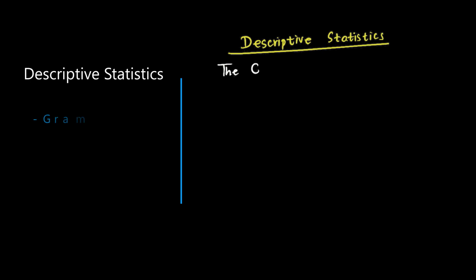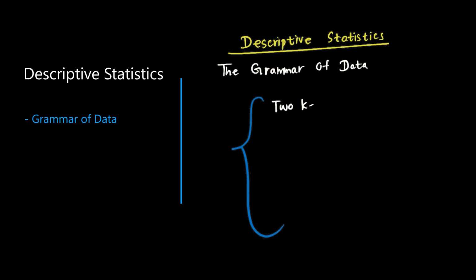Let's begin with the absolute foundation of all quantitative analysis, descriptive statistics. Think of this as learning the basic grammar of data. Before you can write a novel, you need to know what nouns and verbs are. Similarly, before we can make complex predictions or decisions, we must know how to simply describe the data we have in front of us.